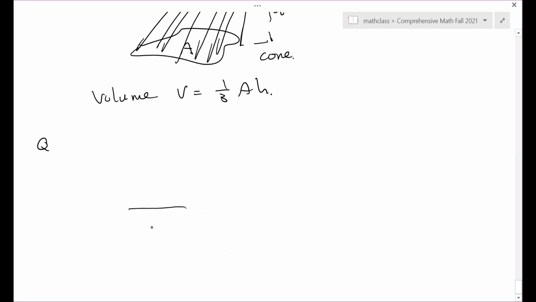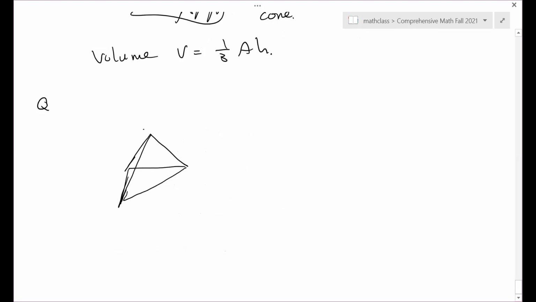One triangle at the bottom, and then like that, right? So it consists of 1, 2, 3, 4 pieces. Equilateral triangles with the edge length A. They are all of size A. Find the volume and express it in terms of A.